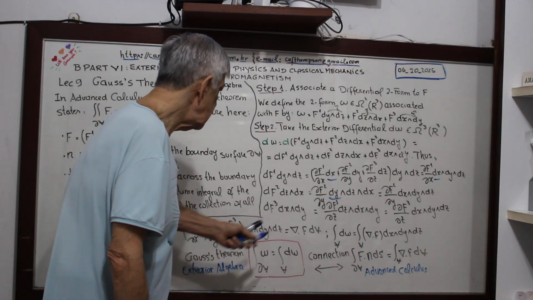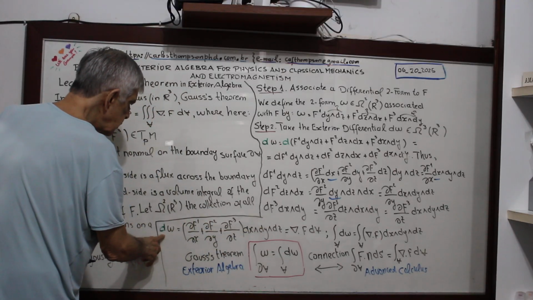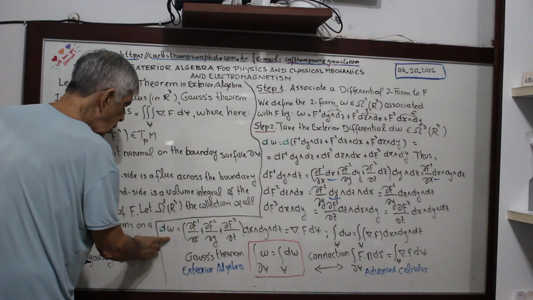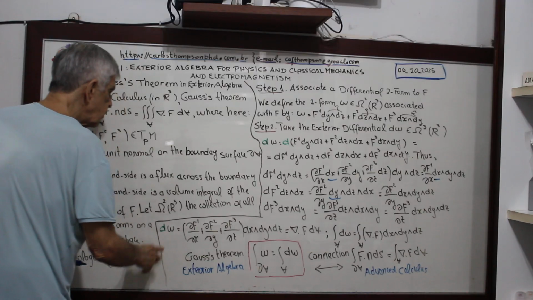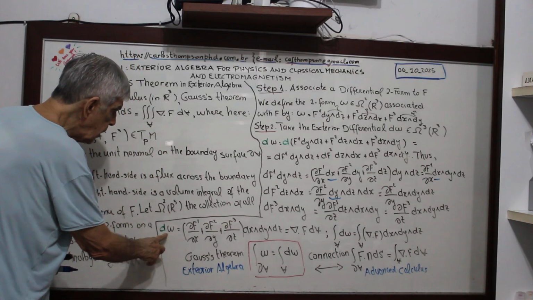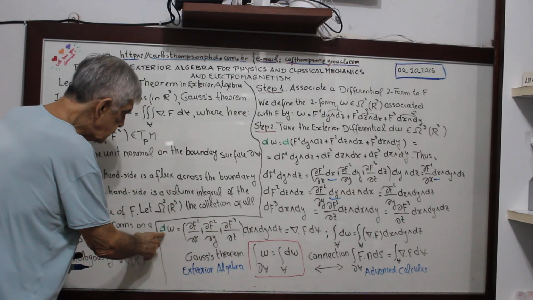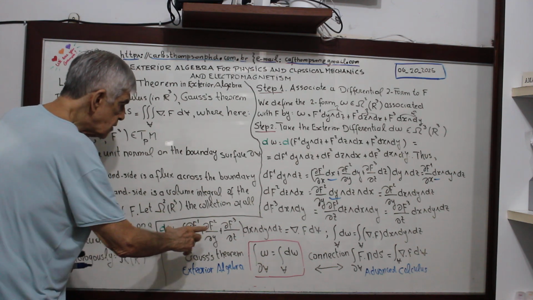Then I can write d omega. Omega is a two form, and d increases the form by one, so this is a three form.